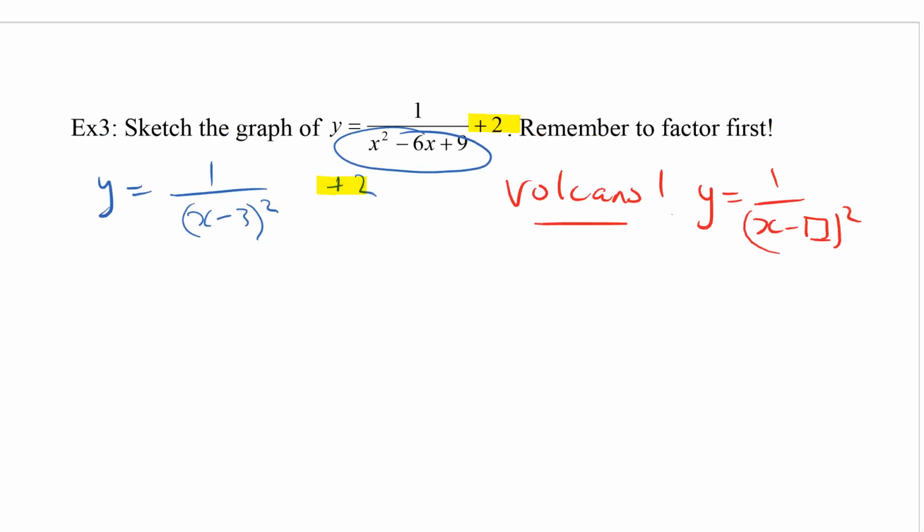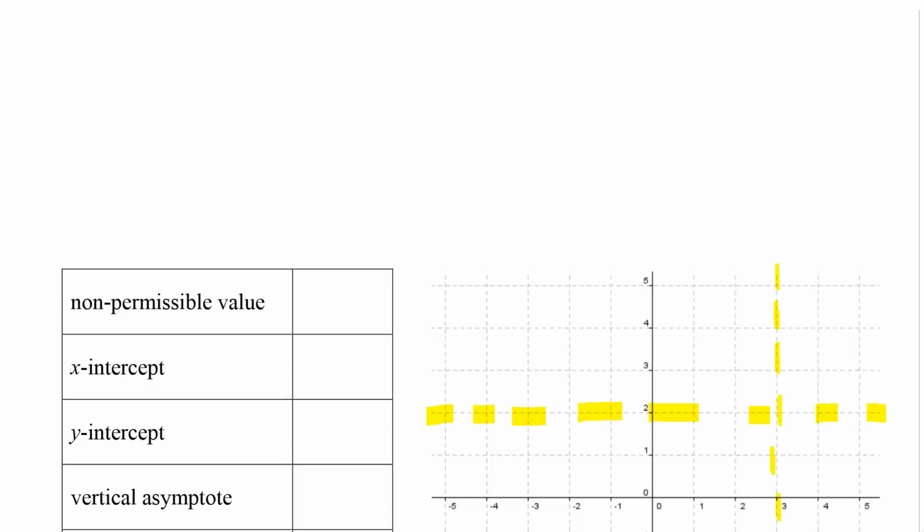If you recall, if we had y is equal to 1 over x minus 2 all squared, at 2 we had this shape over here, moved over like that. So here we're going to have over 3 and up 2, and it's always positive. We always have this positive shape. So right away I'm anticipating, I'll erase it in a second, but I'm looking for this kind of shape here.